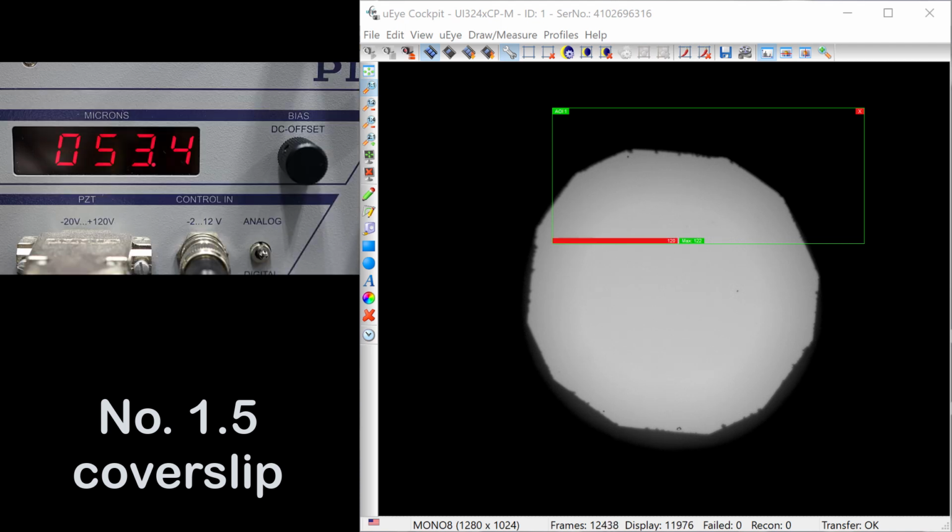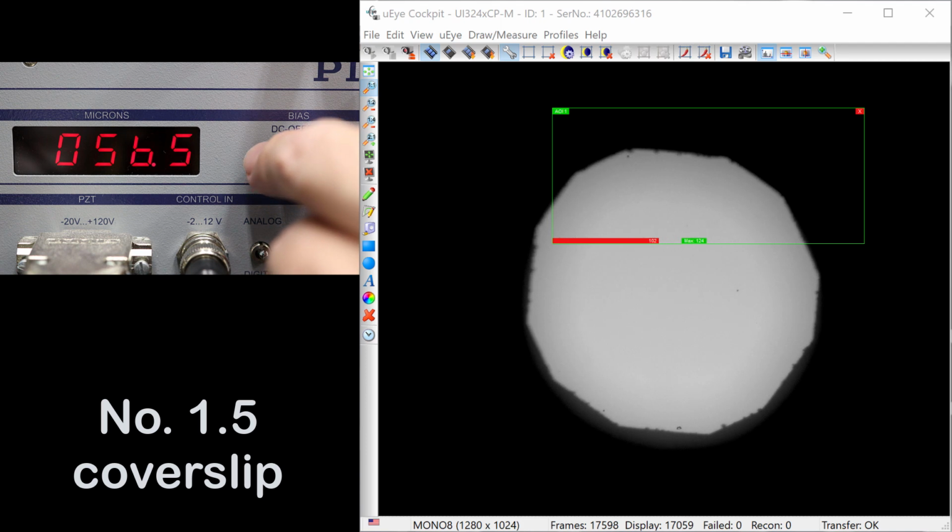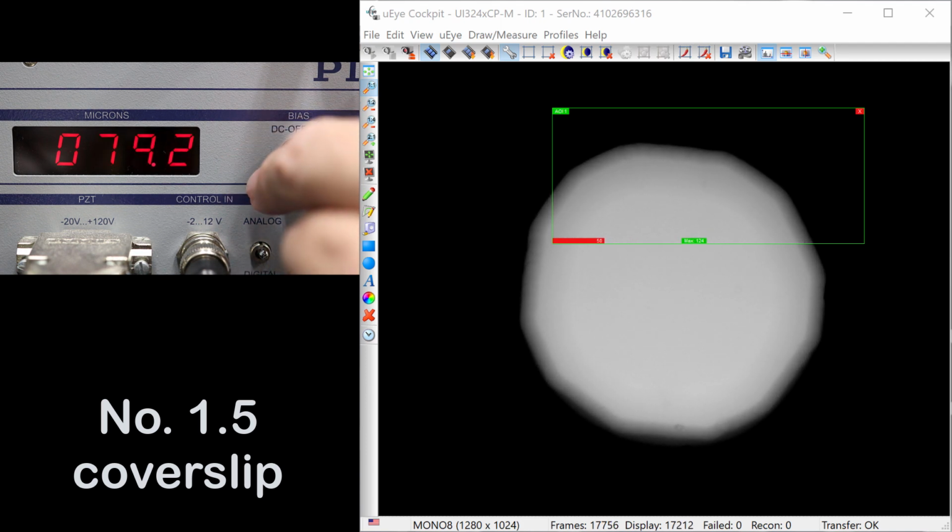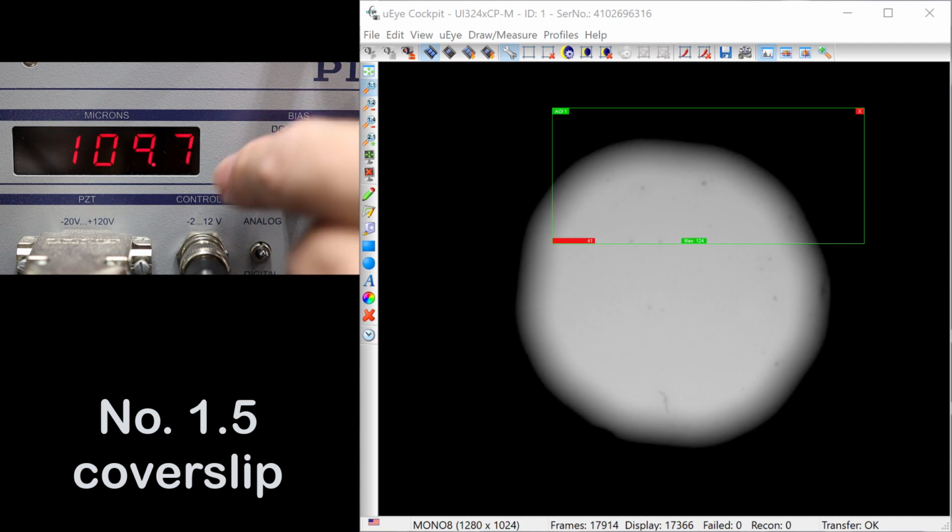We use the focus evaluation tool of our camera software to first determine the objective position at which the underside of the cover slip is in focus. At this point, the piezo controller reports the objective position as 53.4 microns. Next, we move the objective upwards until the upper side of the cover slip is in focus.